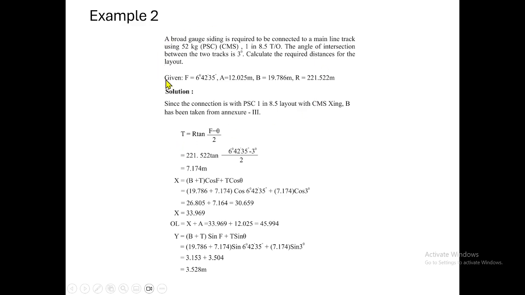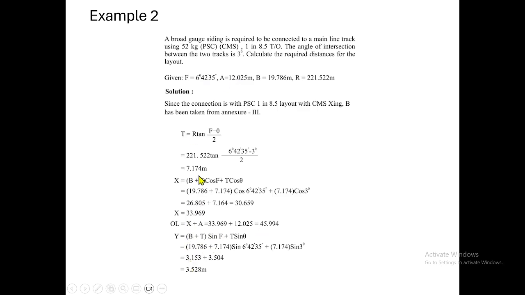Using this available data, you have to go for the design, and first you have to find the T using the formula R tan (F minus theta) divided by 2, and we got 7.114. Similarly, the X distance we can find out by substituting all the data given, and we get the X distance 33.969. The overall length equals, of course, X plus A, which is also given, that is the point of intersection to the SRG. Adding that we will get the overall length.